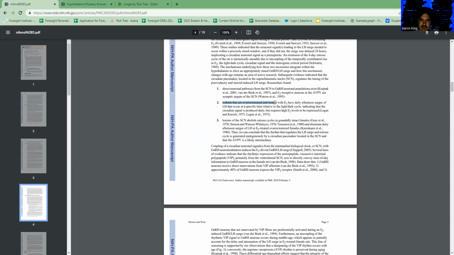Rodents that are ovariectomized and treated with estradiol have daily afternoon surges of LH relative to the light-dark cycle, indicating that the circadian rhythm is produced daily but requires high estradiol levels to be expressed.